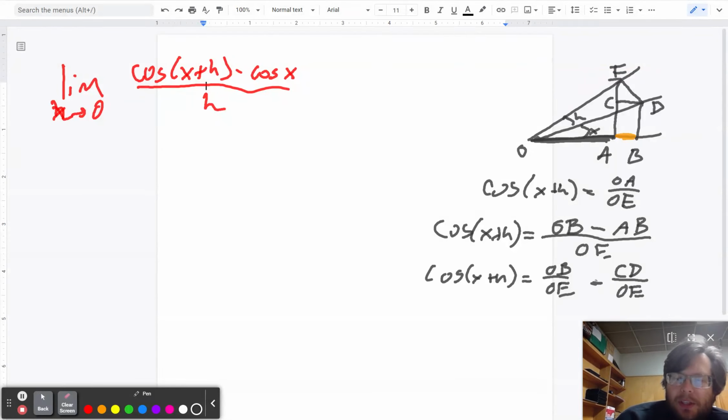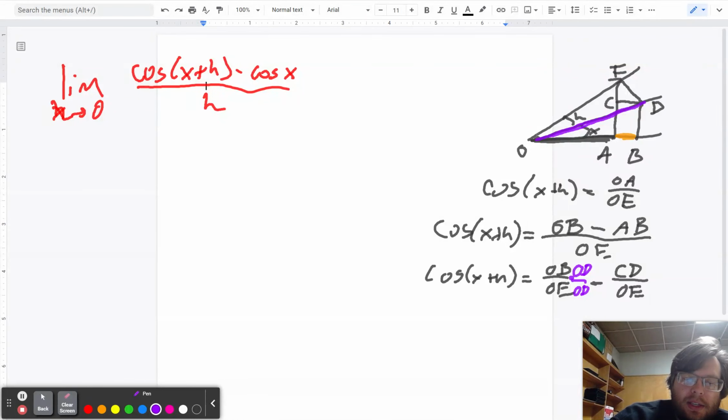I left a little bit of space because I hope you notice OB and OE aren't even from the same triangle here. So I'm not going to really use OB and OE in the same triangle. What I'm going to do is multiply by something that connects both of those triangles. OD over OD, because OD connects a triangle that has OE and a triangle that has OB in it.